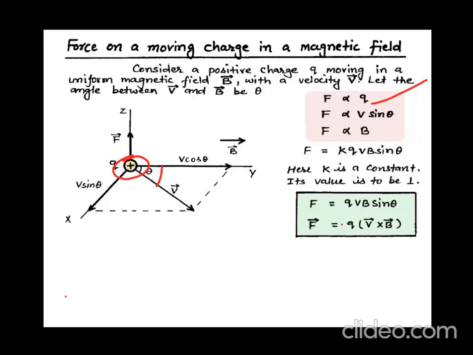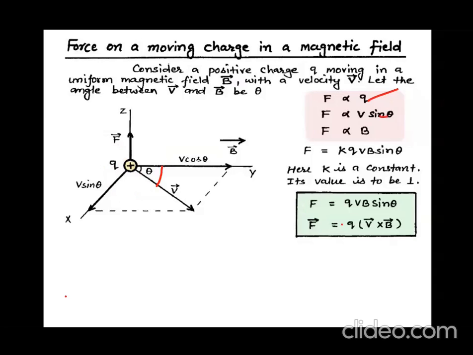So it depends upon the magnitude of the charge. More is the charge moving, more is the current produced, more will be the magnetic field, and in more magnetic field, more magnetic force will be exerted on it, right? So the first parameter on which the magnetic force depends is the magnitude of the charge, right?